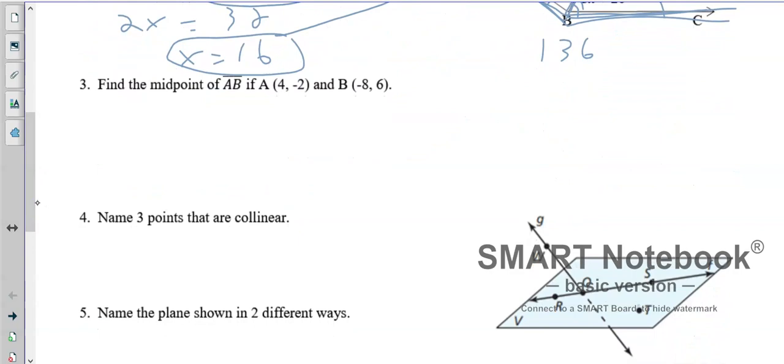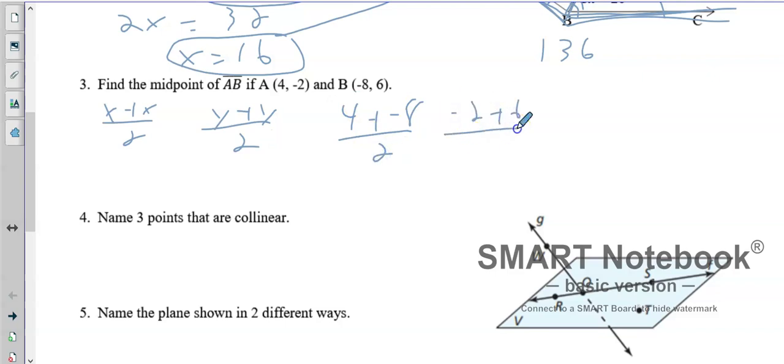Find the midpoint of AB. This is the easy one. This is where you just add x plus x and divide by 2, and add y plus y and divide by 2. So in this case, 4 plus negative 8, divide by 2. Negative 2 plus 6, divide by 2.